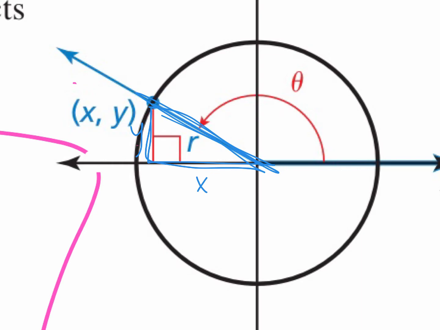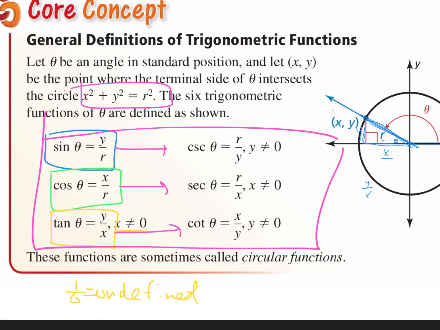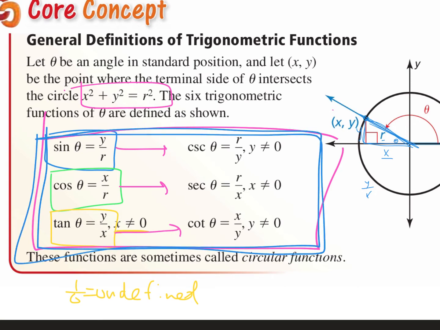If we were taking sine of this angle here, theta, we'll call the inside part theta, sine is opposite over hypotenuse, so that would be y over r. So yes, technically you're using SOHCAHTOA. If we were doing cosine, that would be the adjacent. Adjacent would be x over r. But instead of thinking about SOHCAHTOA every time, you can just use these little formulas here. But that's how they get all of these, is from SOHCAHTOA, because we have a little right triangle.